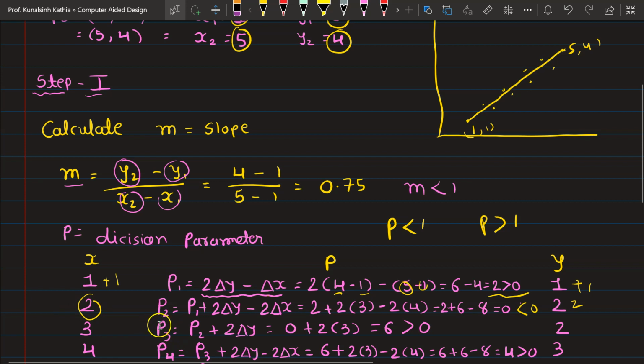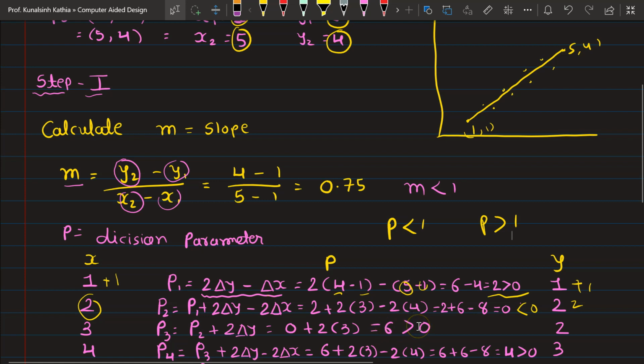Now again the next decision parameter will change a little bit. If you are getting a value less than 0 here, then the decision parameter equation will be p2, which is the last decision parameter, plus 2 delta y. Replacing those values, I am getting 6, which is greater than 0.